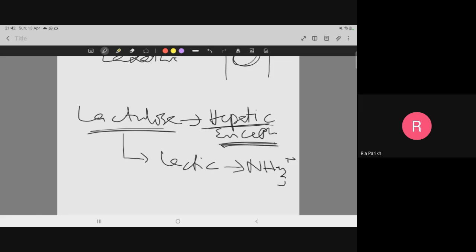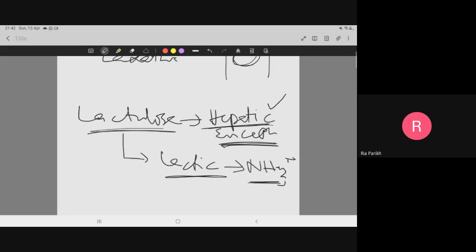That's why it helps with hepatic encephalopathy. So lactulose has two uses: constipation and hepatic encephalopathy. This is tested a lot. They want you to know the mechanism of action of lactulose. How does it help with hepatic encephalopathy? It traps your ammonia ion in your gut.